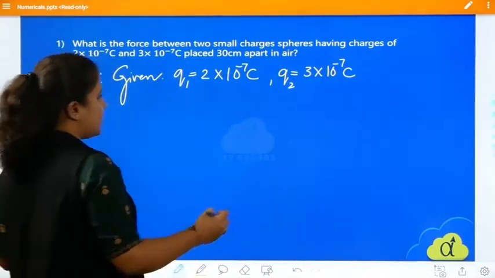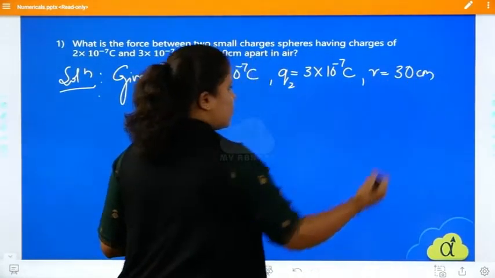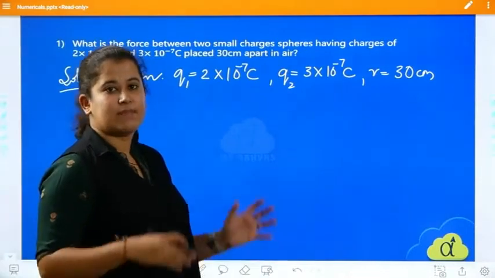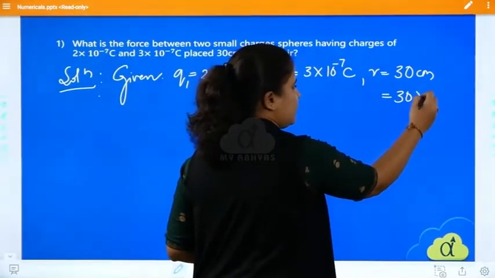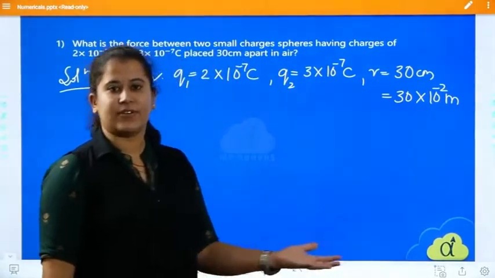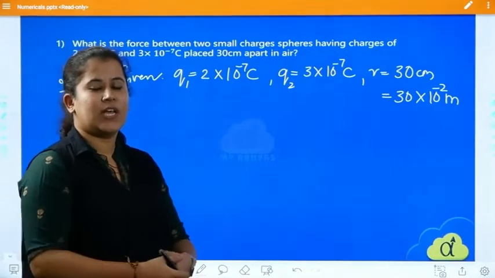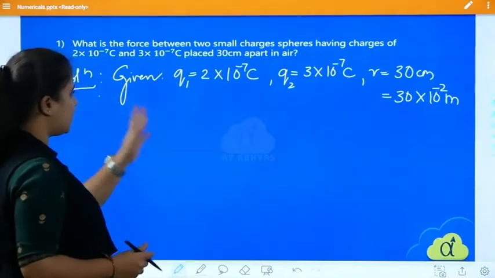Clear? And R is 30 centimeter. It is in centimeter, so I'll convert it into meters. That will be 30 into 10 raised to minus 2 meter, since centi is nothing but 10 raised to minus 2. This we have learned in the previous class, that is PUC 1. So given is this much.